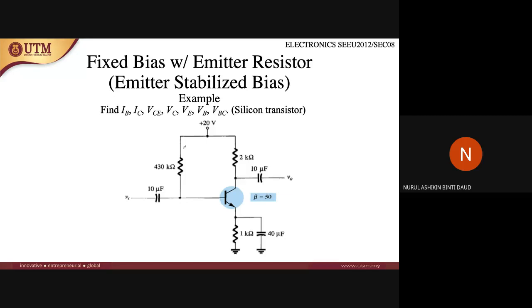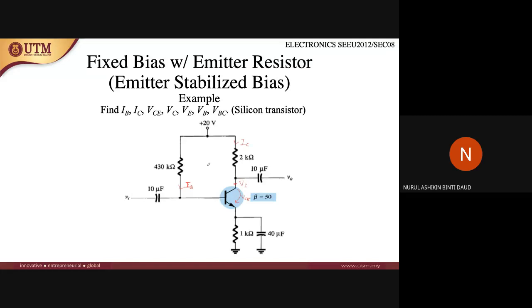Find IB. Where is IB? IB is the current that flows here. And then IC, the current that flows here. And then VCE is here. VC is the point here.